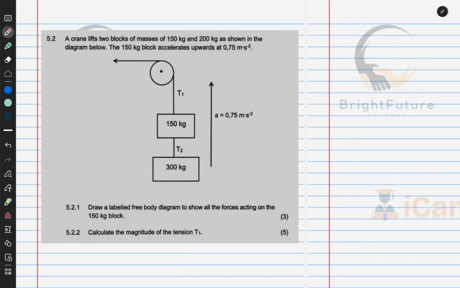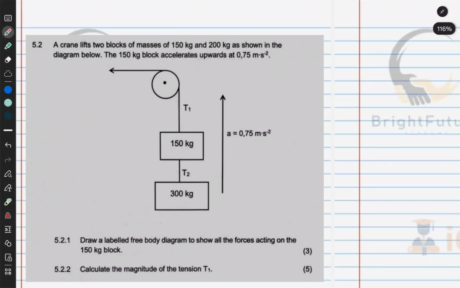We have this crane. It's lifting two blocks, of masses 150 and 300 kilograms respectively. So seems like there was an issue here with this guy and that guy. I don't know, whoever said this made a mistake there, but that's not our issue.